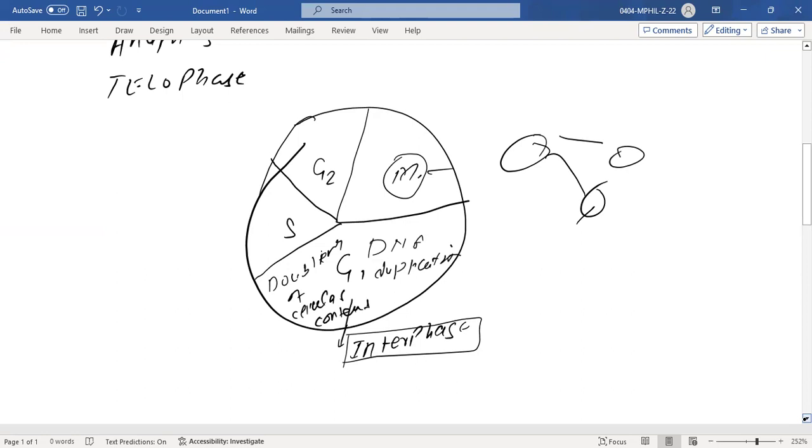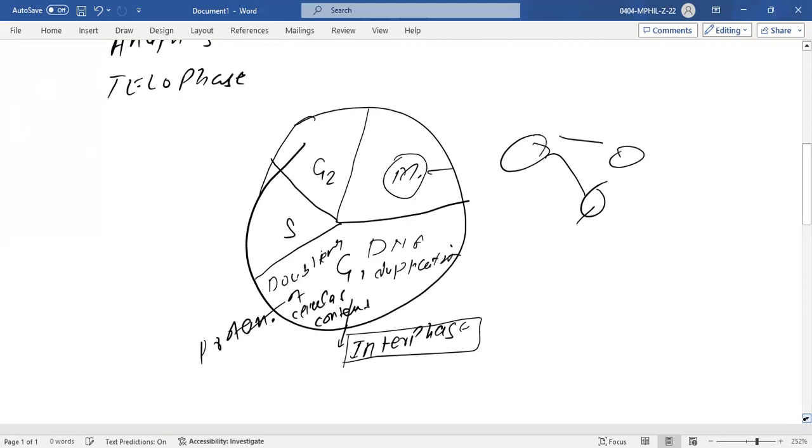Okay, so at this point, another event that is very critical is the synthesis of protein and RNA. Remember, what do you mean by this? Definitely, there will be some proteins, some DNA, RNA. All this is the content of the cell, right? So when I say that some protein is going to divide, what do you mean by this?